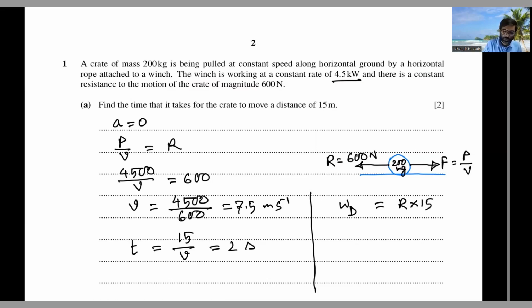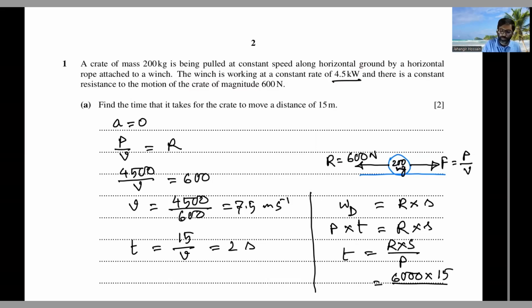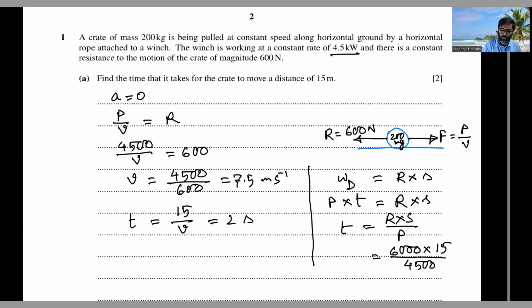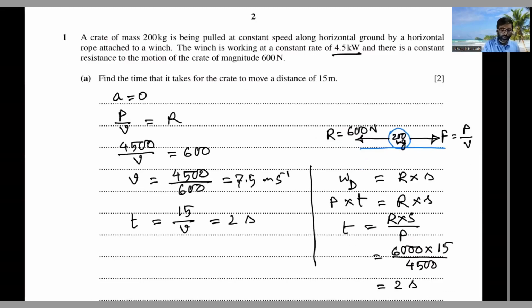Work done by the driving force is P into T, also R into the distance S. So T is R into S by P. R is 600, S is 15 and power is 4,500. That will also give you the time in seconds. So you can use either of the methods. That's part A.